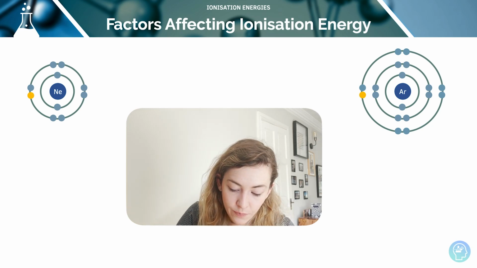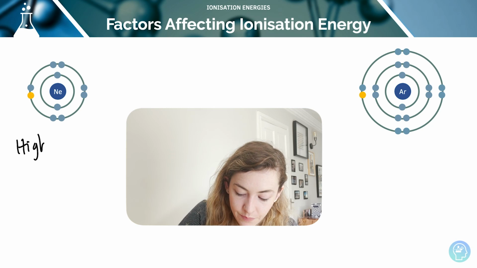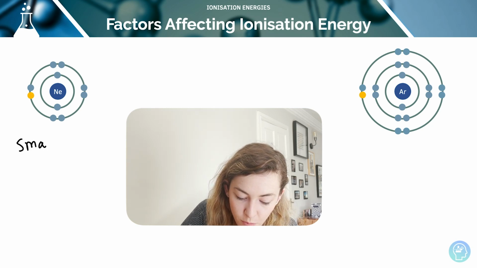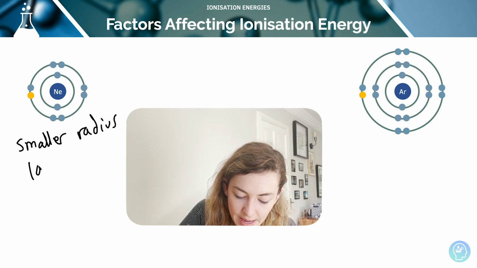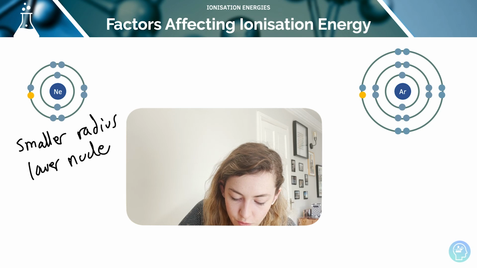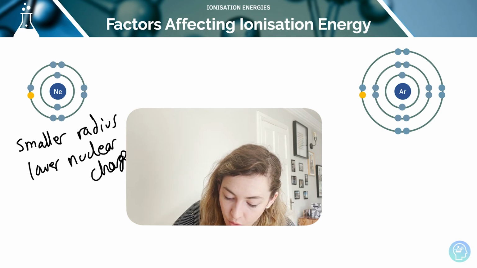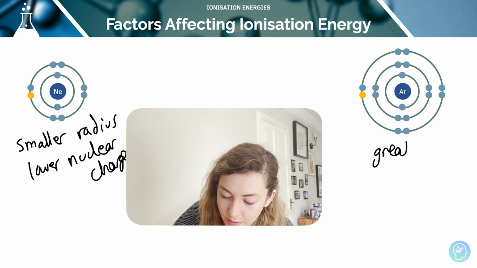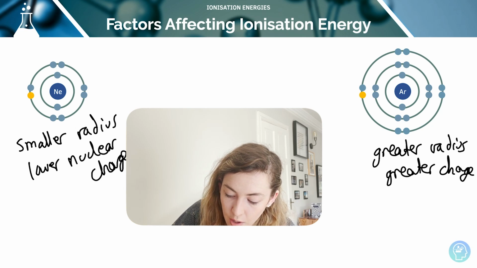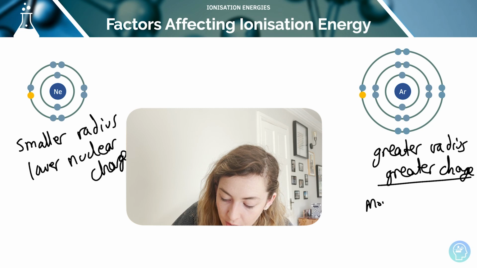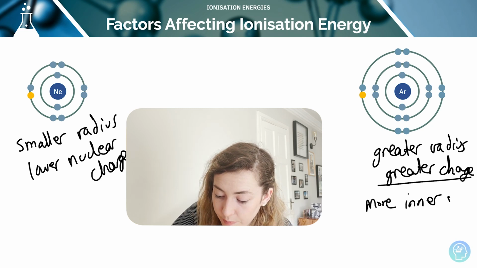In neon, we've got a smaller atomic radius and a lower nuclear charge. Whereas in argon, we've got a greater radius and a greater charge, which has got an impact, but we've got more inner shells, or more shielding.